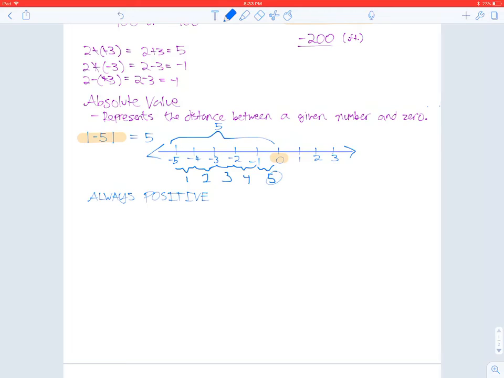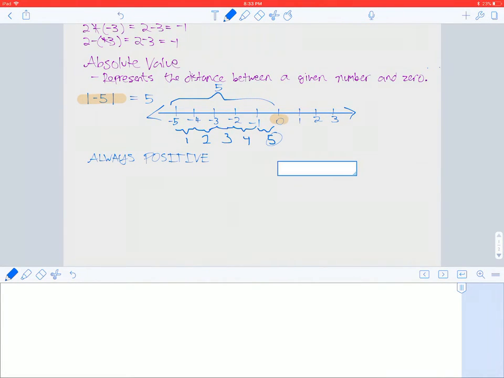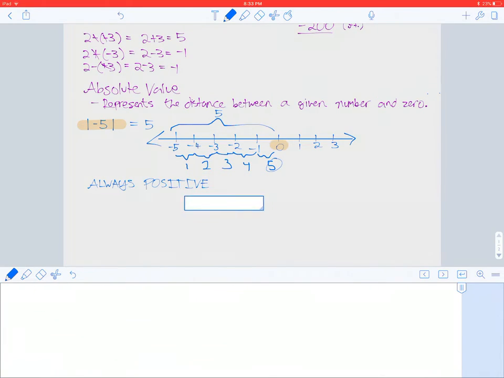It's going to travel a certain number of kilometers, and it's not going to say, oh, you traveled -300 kilometers. That doesn't make sense. Distance is always positive. It's a geometric relationship. In geometry, negative numbers are seldom used, so absolute value is always positive.